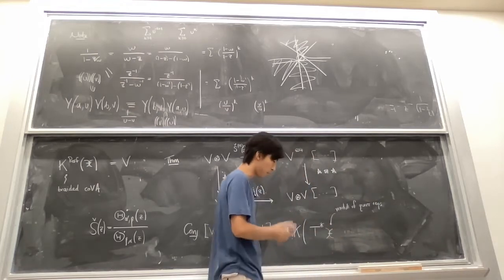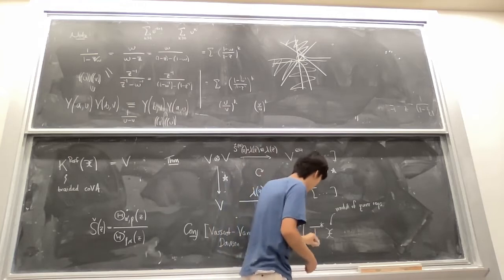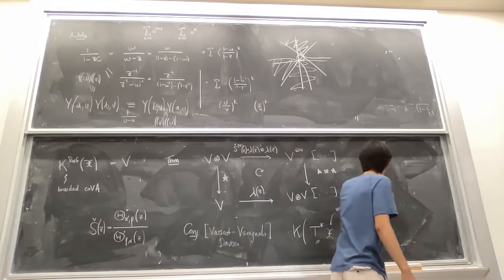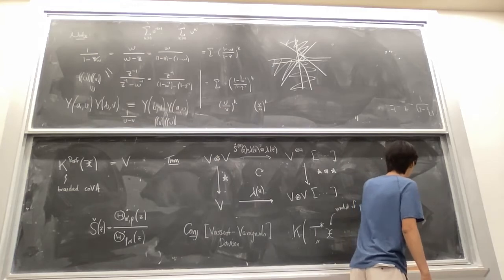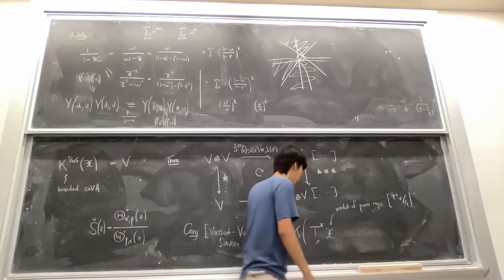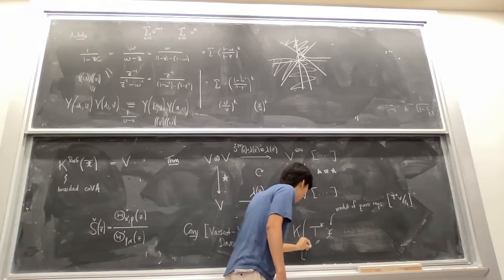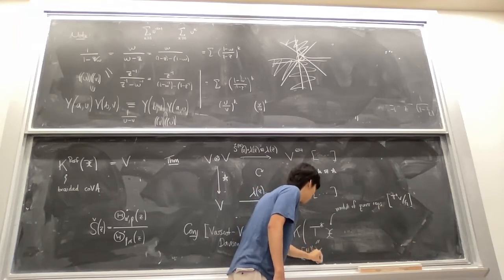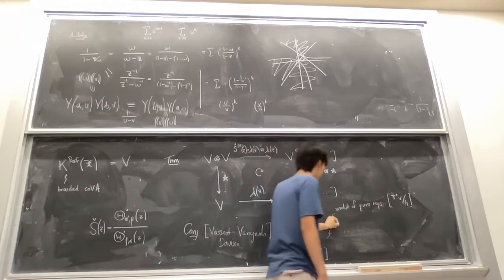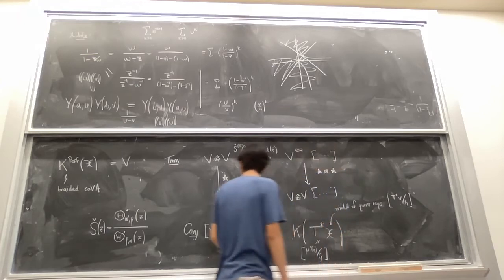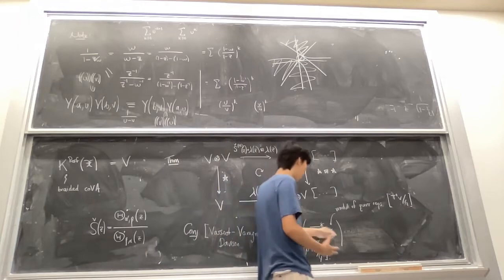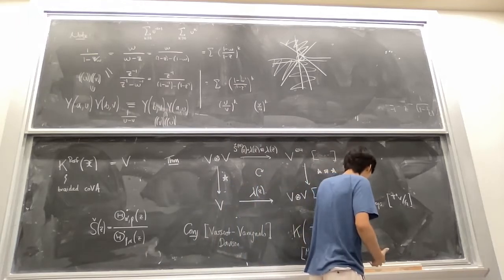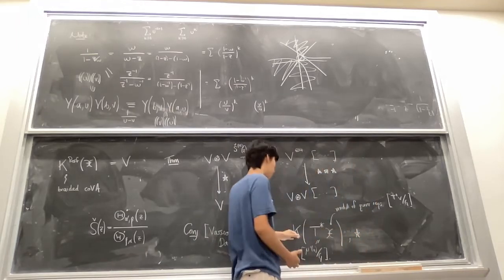So the cotangent bundle of the stack is like T star V mod G, and the cotangent of X is going to be the zero locus of the moment map mod G. So you start off from some quiver and form this K group.